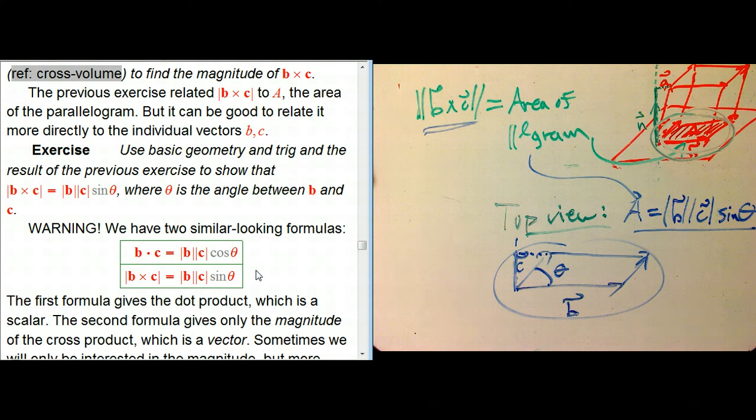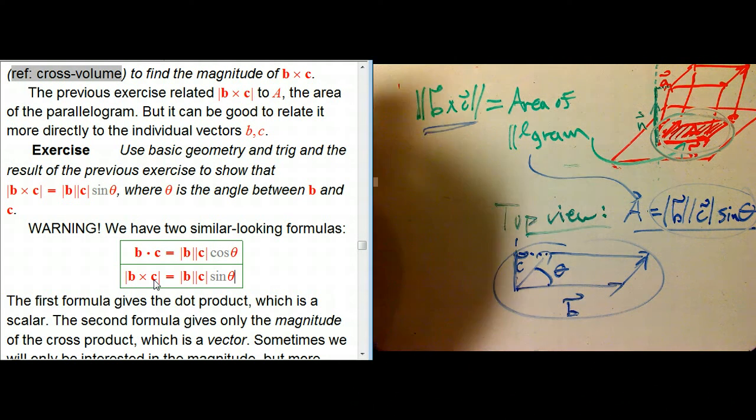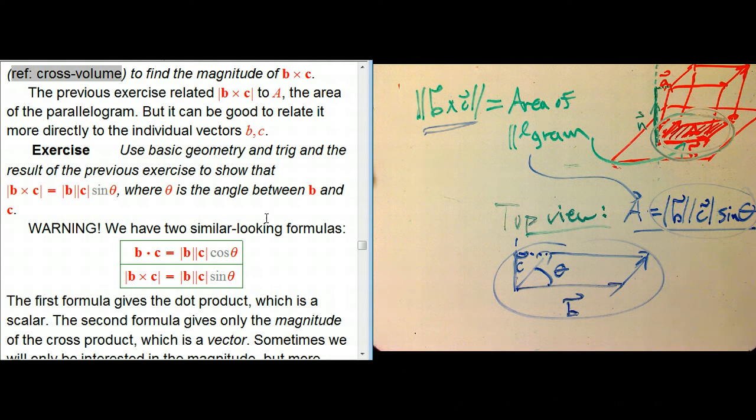As I say in this note, it's very easy to get mixed up and think the cross product is this quantity, especially since that's so similar to this, which is really correct for the dot product. Since it's a scalar, the dot product really is exactly just this formula. That's the geometric formula for the dot product. The geometric formula for the magnitude of the cross product is very similar looking, but with a sine instead of a cosine. But the cross product has a lot more information. It's actually a vector. In the next video, I'm going to go on and derive some more properties of the cross product.